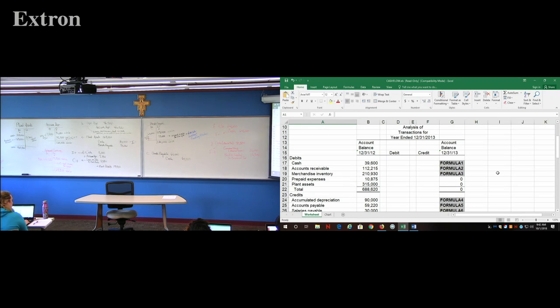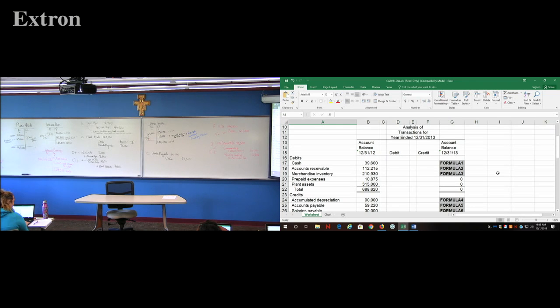So the normal balance of cash is a debit, right? So this formula is going to be 39,600 plus additional debits minus credits. Does that make sense? Because debits and debits we add, credits and credits we add, but debits and credits we subtract. So this would be 39,600 plus this column minus this column to give us that solution here.